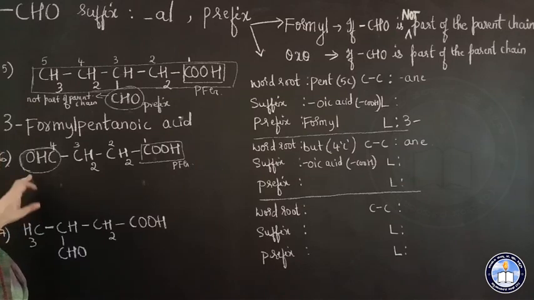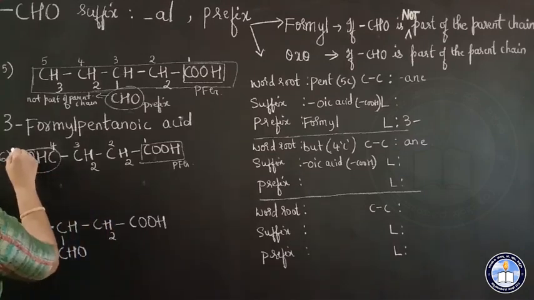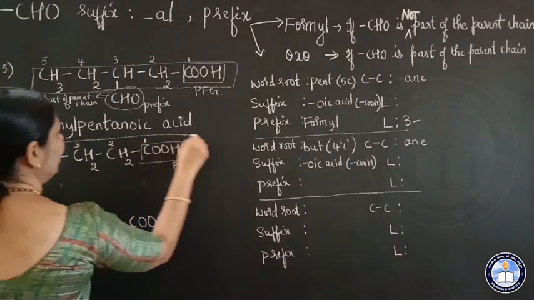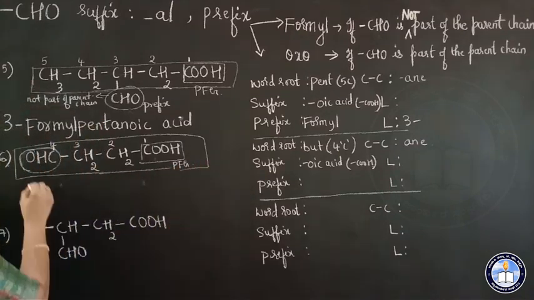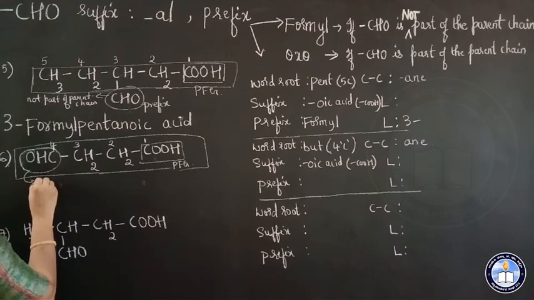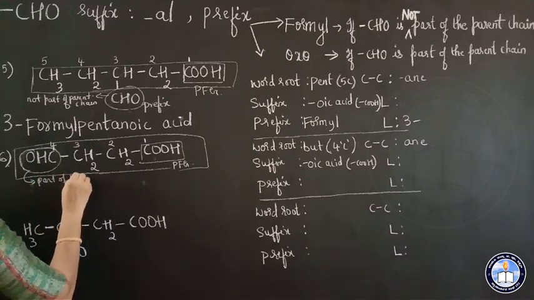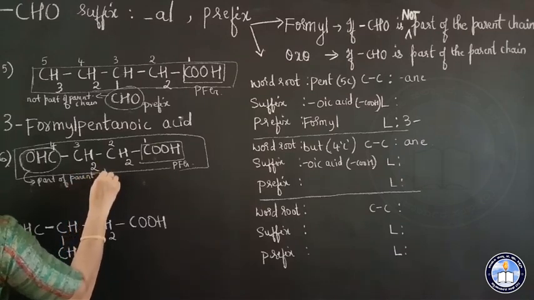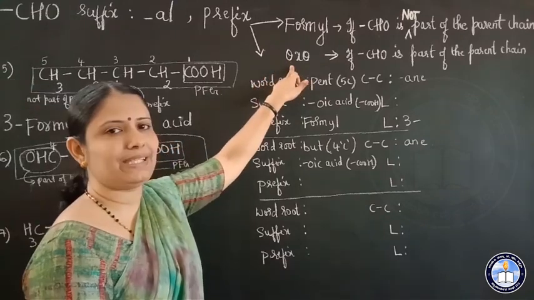Now your prefix. Now this CHO group, it is the part of the parent chain. It is included in the parent chain, isn't it? So CHO group is part of parent chain. So when it is part of the parent chain, which prefix you have to assign?